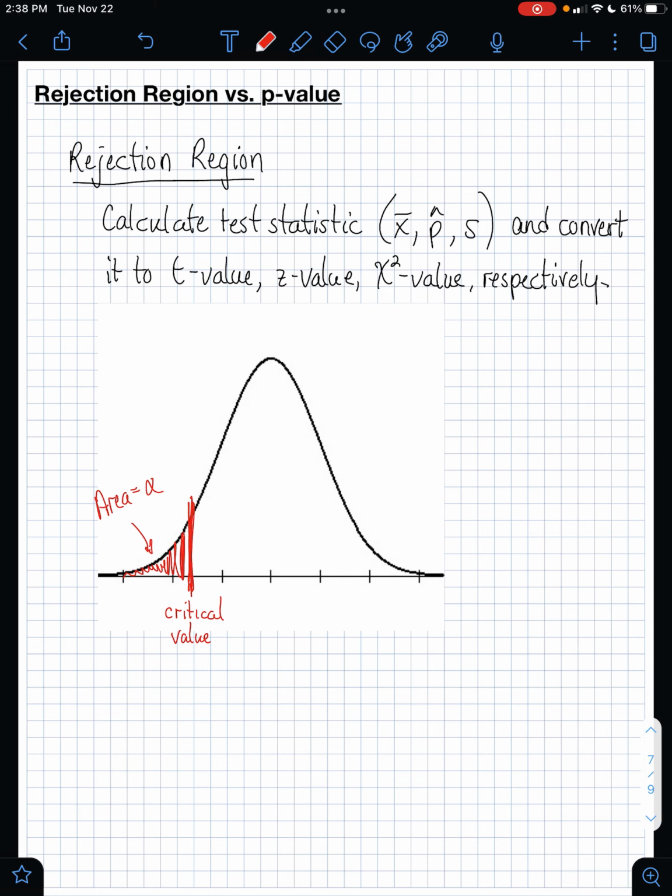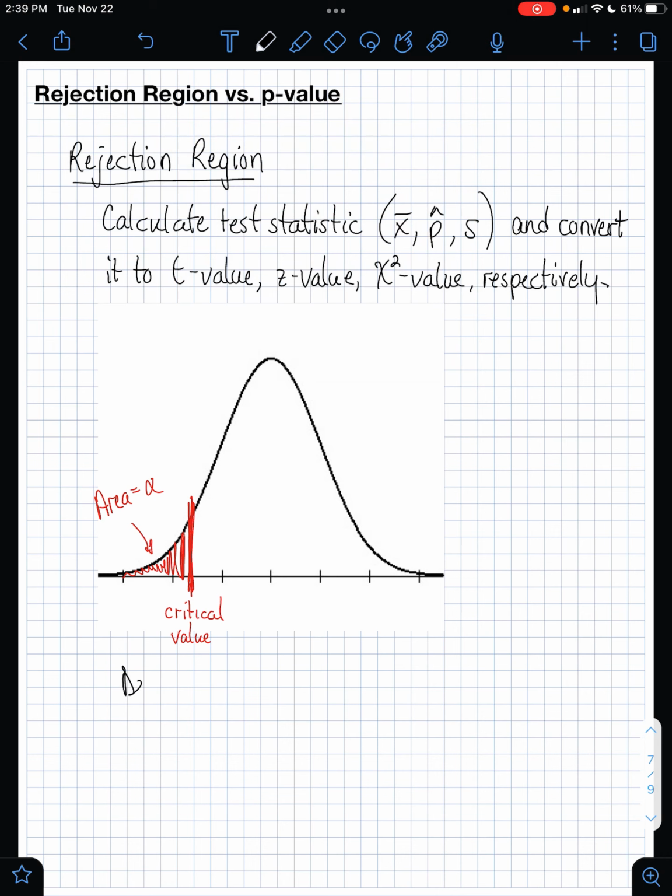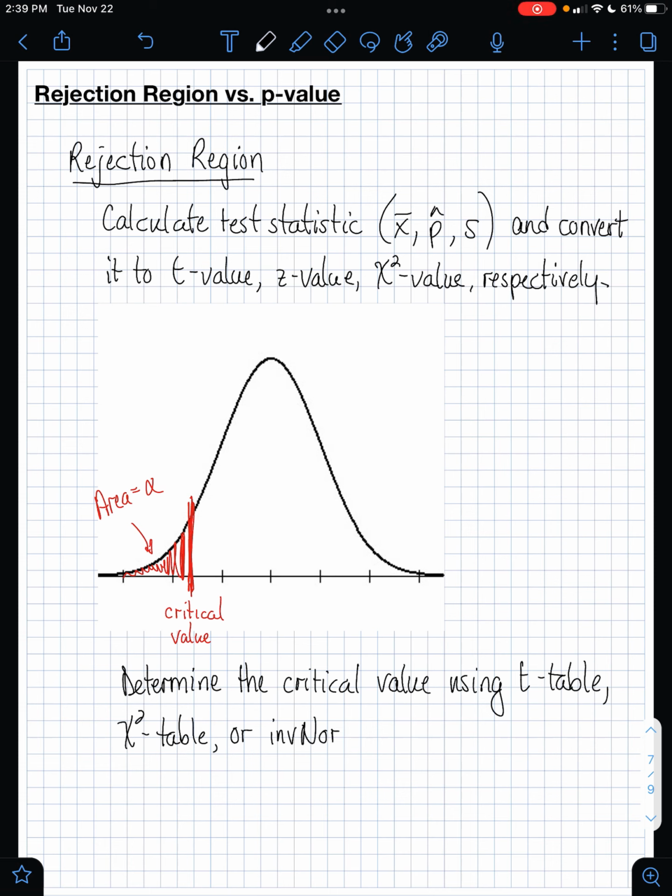We can find out what that critical value is, or if it's a normal distribution, we can use the inverse normal command on the calculator.